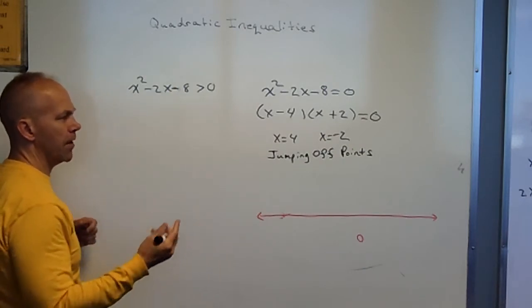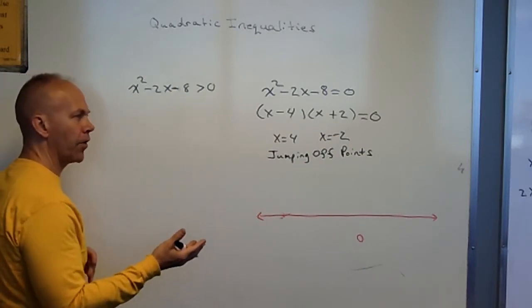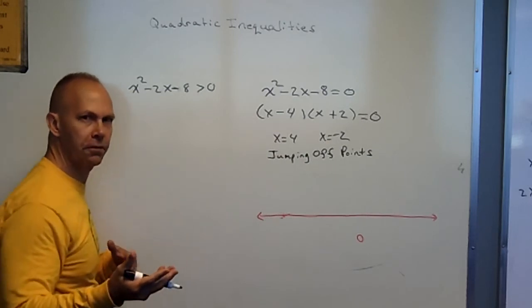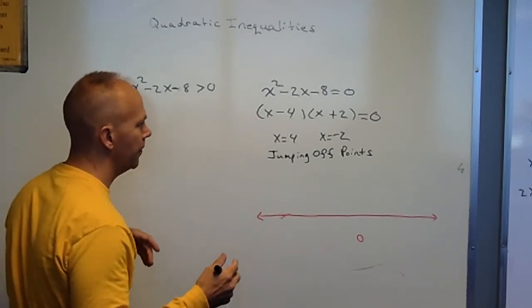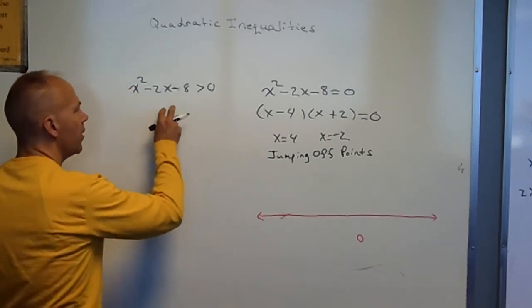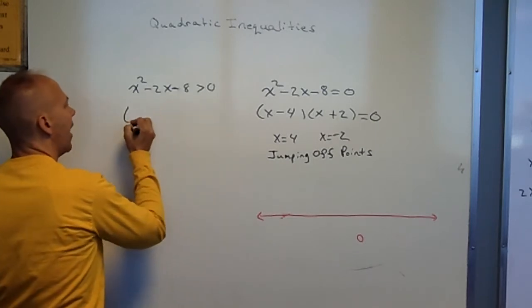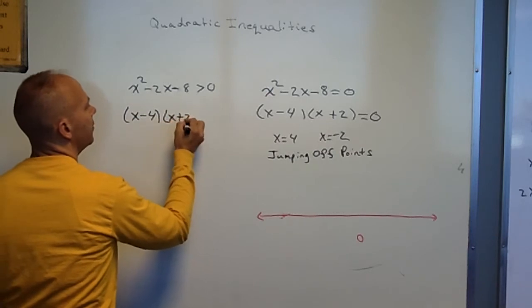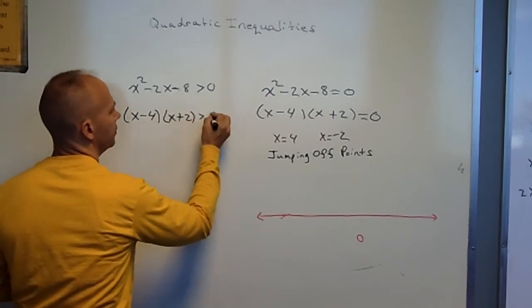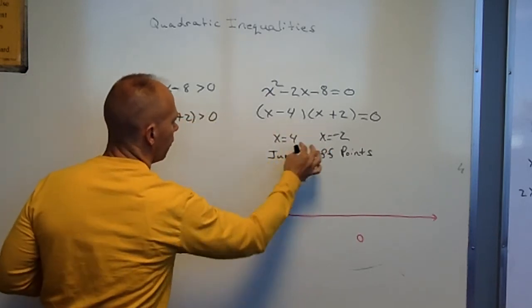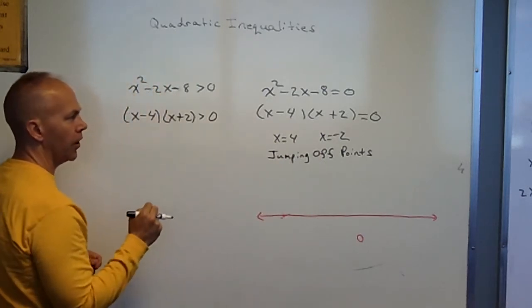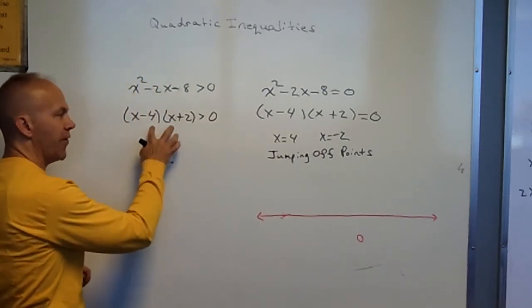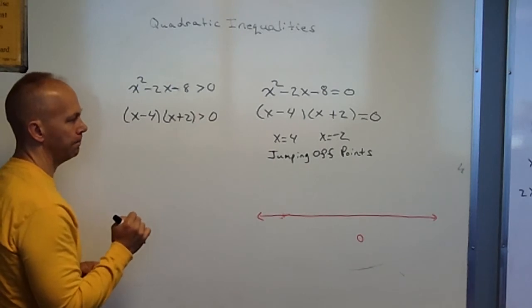And why I call them jumping off points, I think will become clear in a little bit. So, solving an inequality, I'm going to factor, just like I did, and find these jumping off points. And I know that they're 4 and negative 2. So I've got those. I've got the factored form of the inequality.